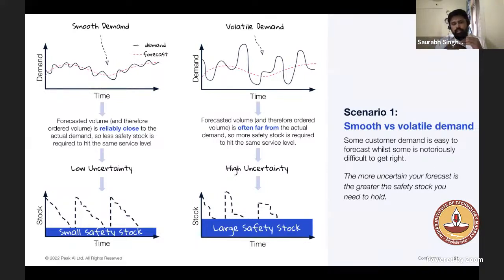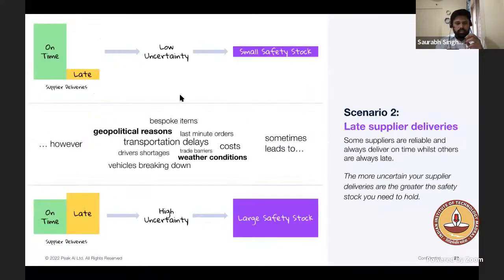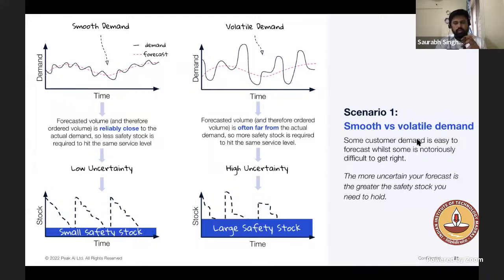The less uncertainty, the less safety stock you need to keep. So here, consider these scenarios like smooth versus volatile demand. Some customer demand is easy to forecast, while some is notoriously difficult to get right. That means the more uncertain your forecast is, the greater safety stock you need to hold, and the less uncertain your forecast is, the less safety stock you need to hold.